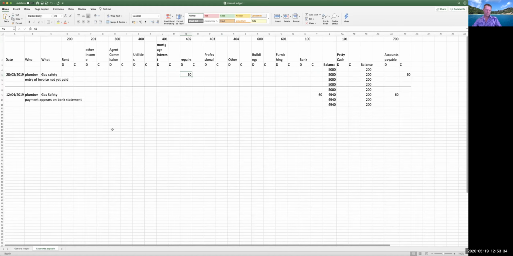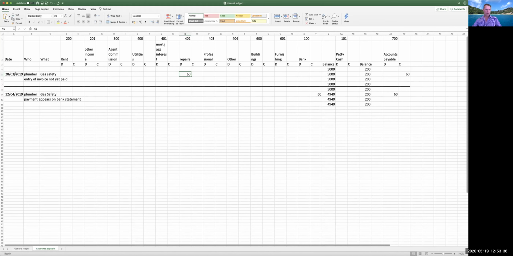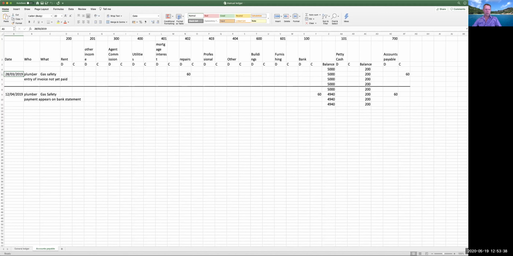So, 28th of March, gas safety certificate, plumber. You've got the invoice, and you know it needs to go into your accounting because it's dated the 28th of March, and therefore you need to put it into your March accounting. It's not in your bank, and it's not in the petty cash.